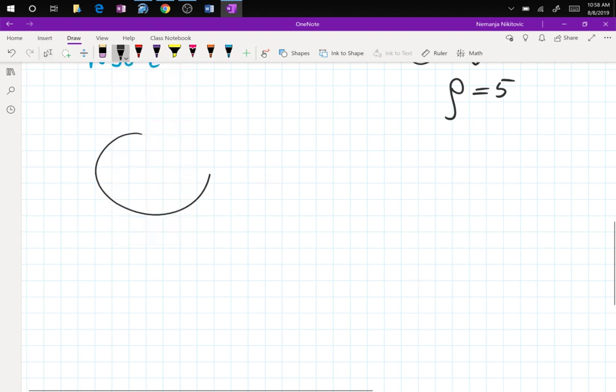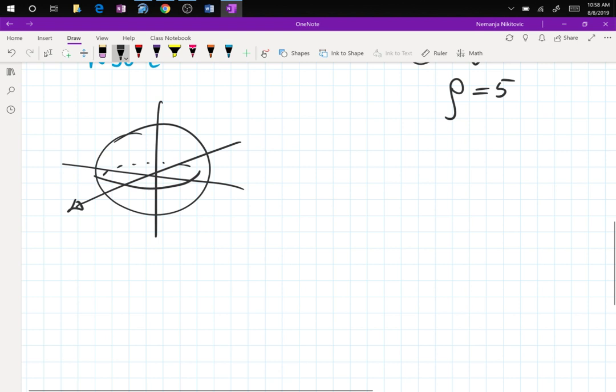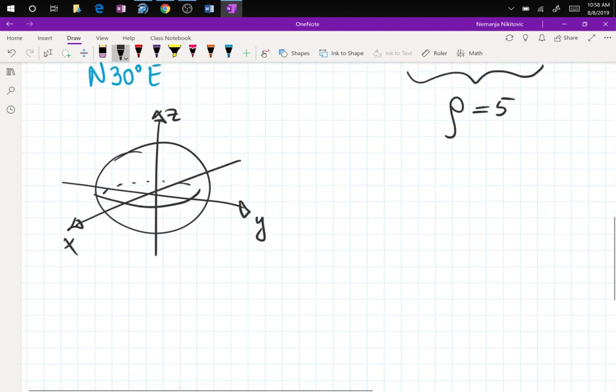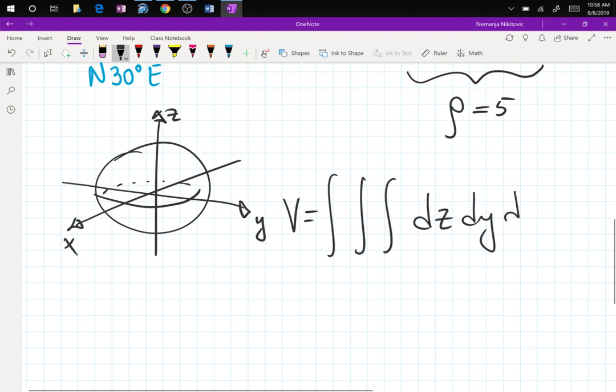For the sphere that sits in x, y, z with the equation up there, what do you have for volume? You have a triple integral, and let's say you do dz, dy, dx. Let's say you want to put this order.